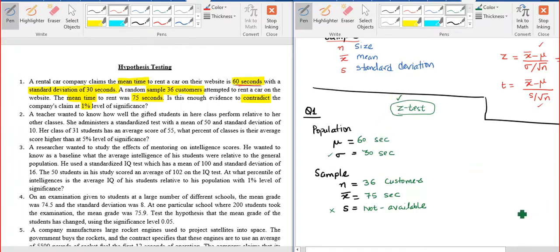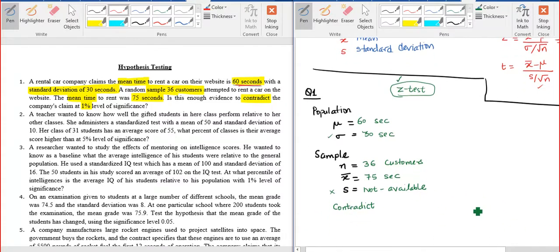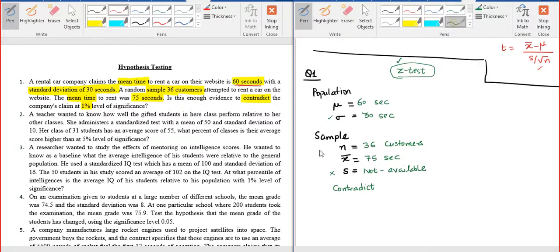Now let's see what else is given. Is this enough evidence to contradict? So we have the keyword contradict. Contradict the company's claim at 1% level of significance. We denote the level of significance by alpha, so alpha is 1%, or we can write it as 0.01.